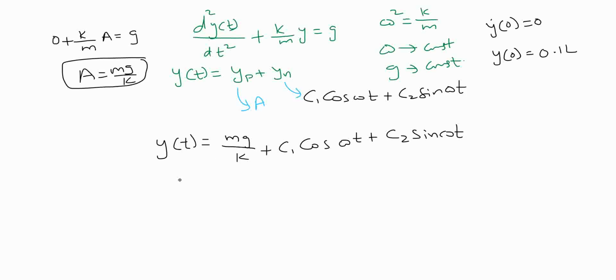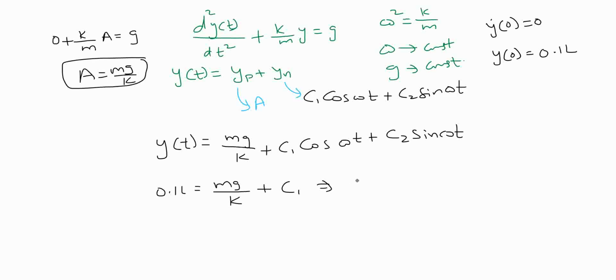Now we have to substitute the initial conditions. The first initial condition is y of 0 is equal to 0.1 L, which is equal to mg by k plus c1 cos omega t, which is c1.